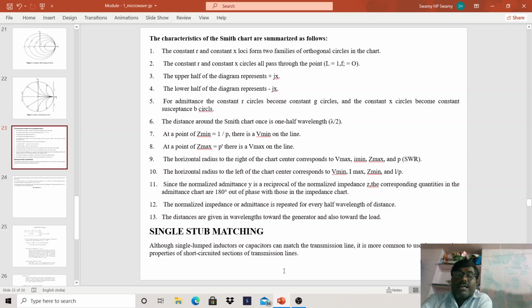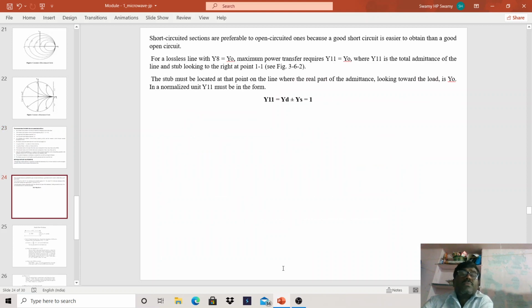Short circuited sections are preferable to open circuited ones because a good short circuit is easier to obtain than a good open circuit.